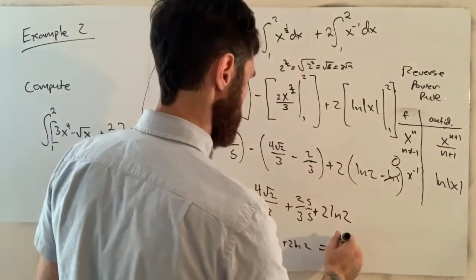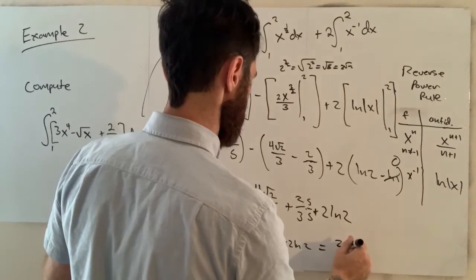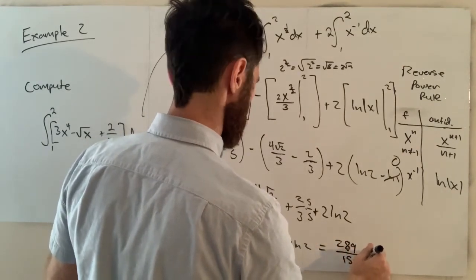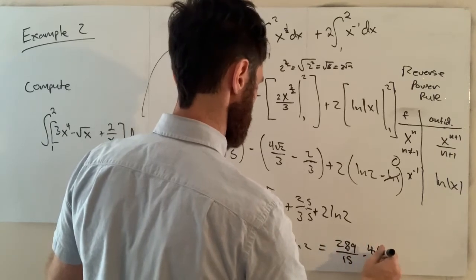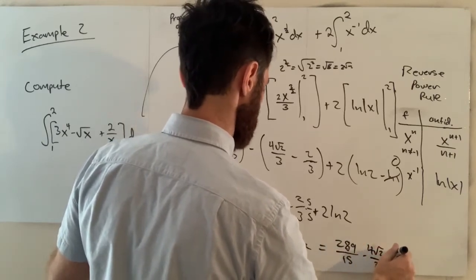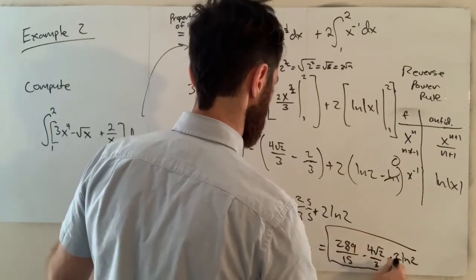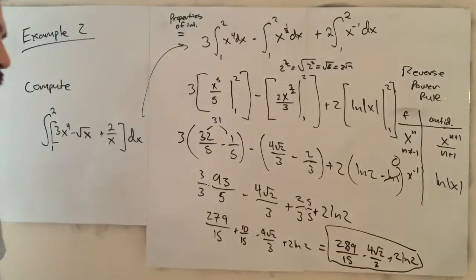And what I'm going to get is 289 over 15 minus 4√2 over 3 plus 2 natural log of 2. And that's going to be your answer.